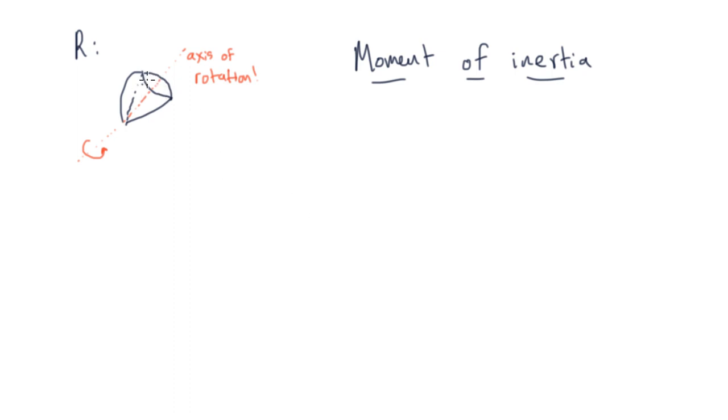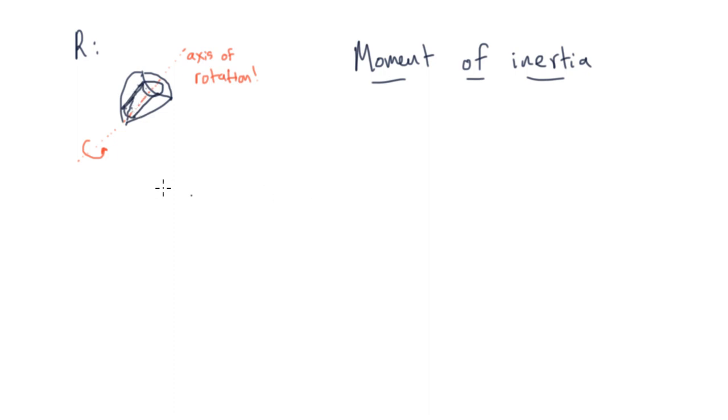Well, if I take my volume region here, and I look at a shell of a constant radius about the axis of rotation, like that, then about the axis of rotation, this mass is going to spin.